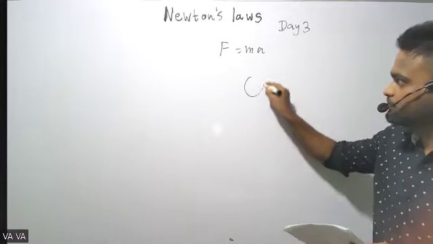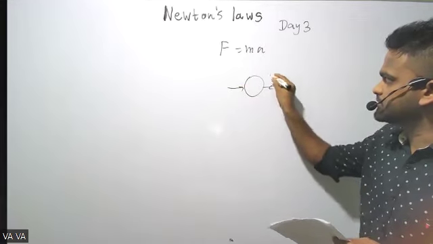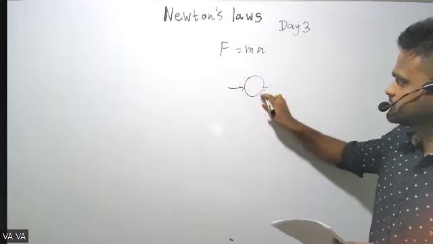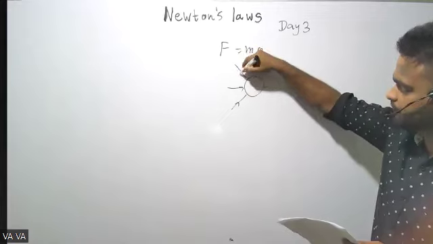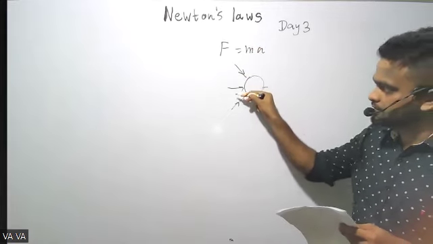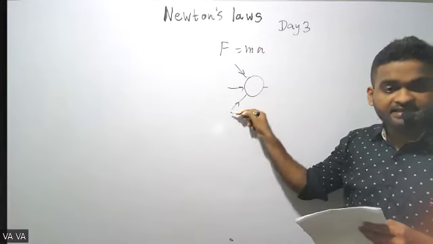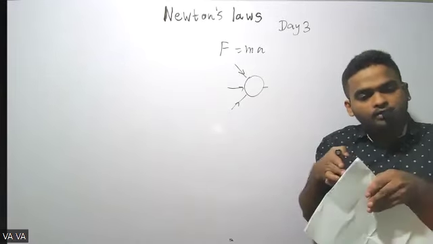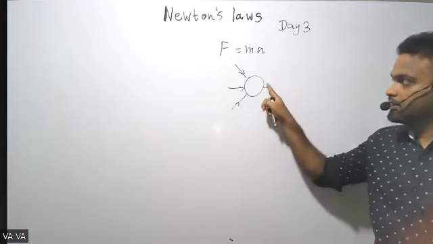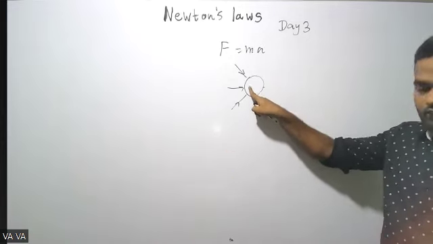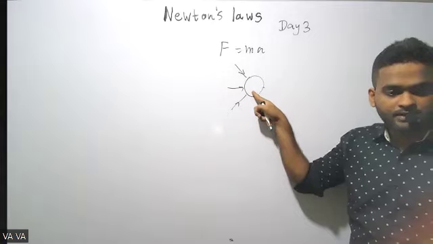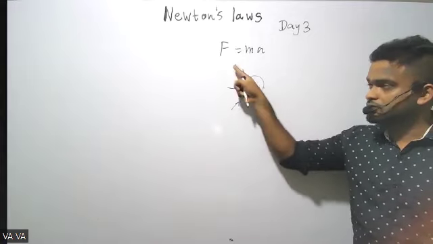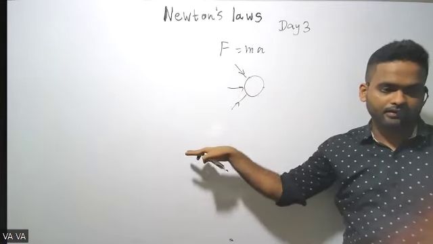Let's say you have a bunch of forces from here, like this. You need to get the resultant of all these. These are external forces. External means the forces are applied from outside objects, not internal. These forces are not caused from within the object. All these forces are caused by external objects, right?